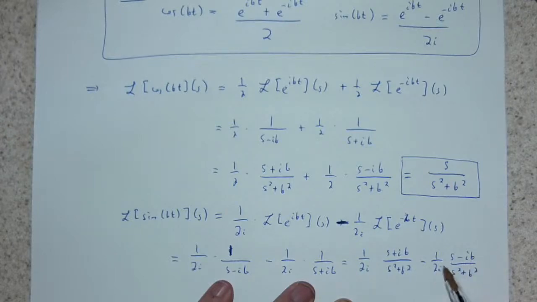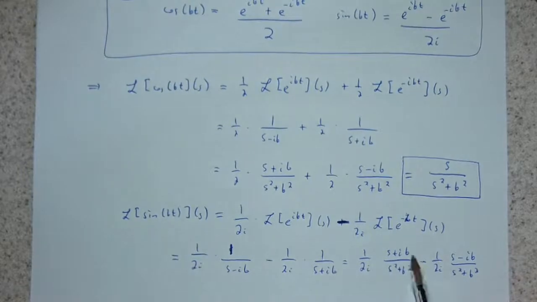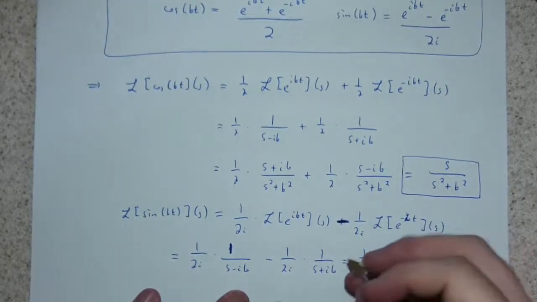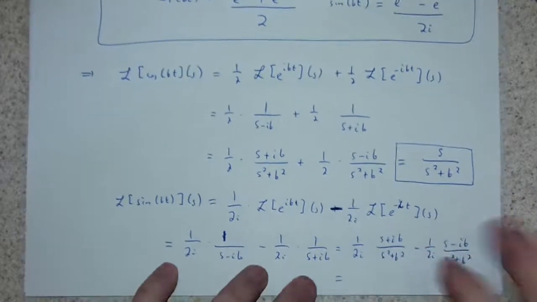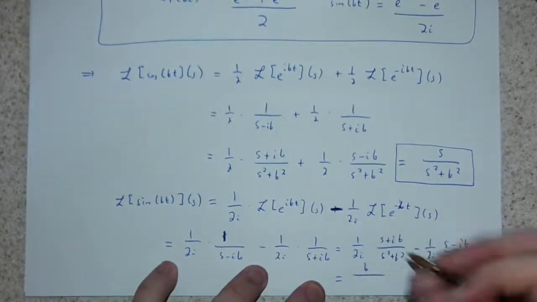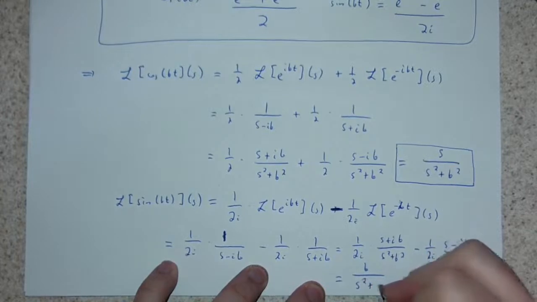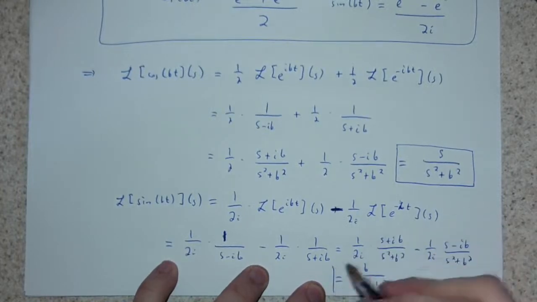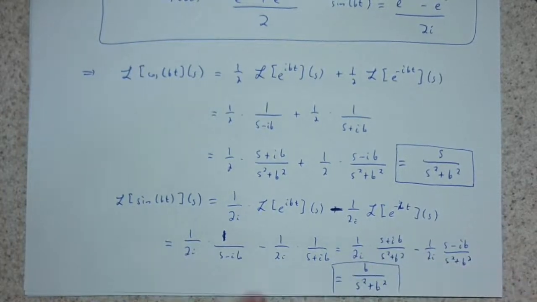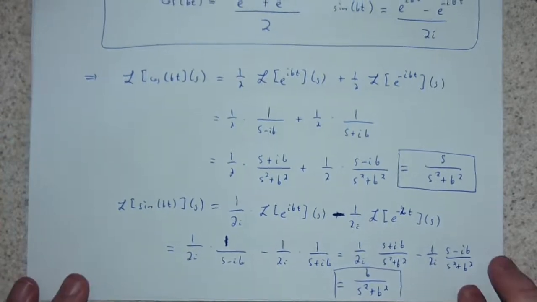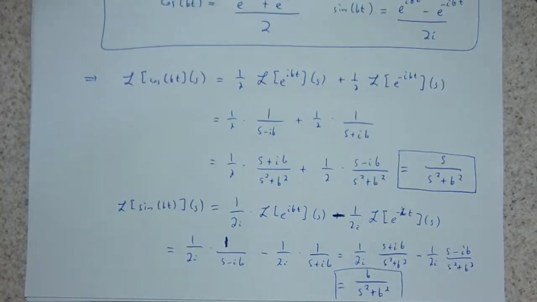So the i's cancel and I get plus 1/2 b over s squared plus b squared. So what I get here is actually b over s squared plus b squared. Which did not seem likely that we would go in this direction. Okay, from maybe this or this, which looks like a nastier thing, but this is exactly what we get.